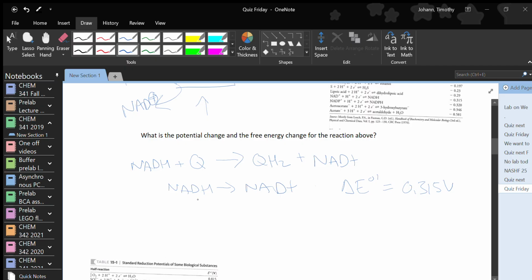And the other one, ubiquinone going to ubiquinol, was a potential change of 0.045. Okay, great. And so we can add those two together, right, and get the reaction up above.